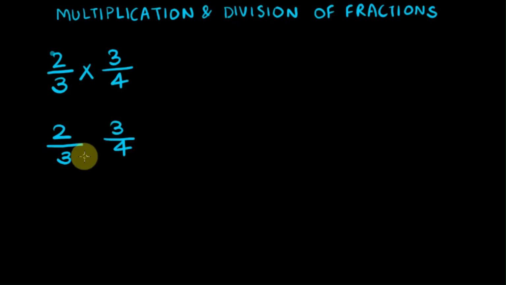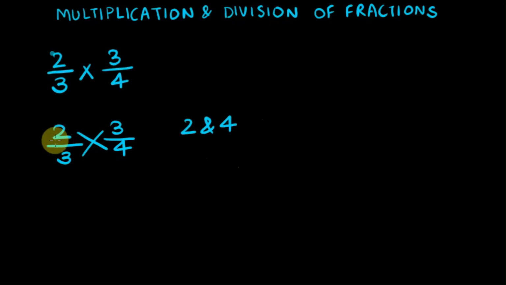I have to check whether the numerator of the first fraction and the denominator of the second fraction have any common factor. In this case, they are 2 and 4. These have a common factor, that is 2, which is also the highest common factor which you have to look for.